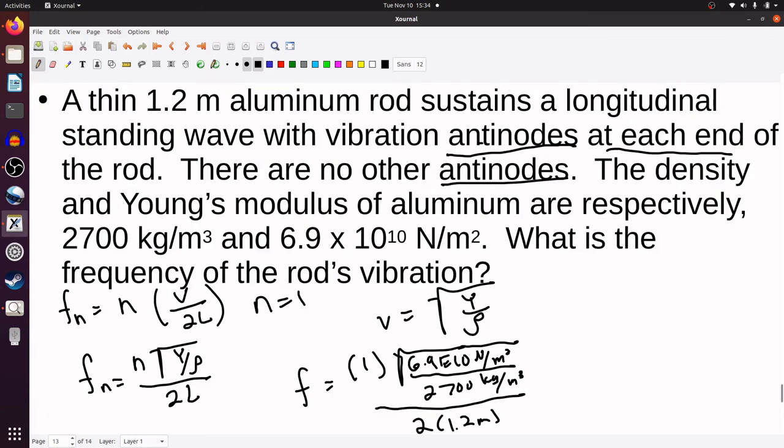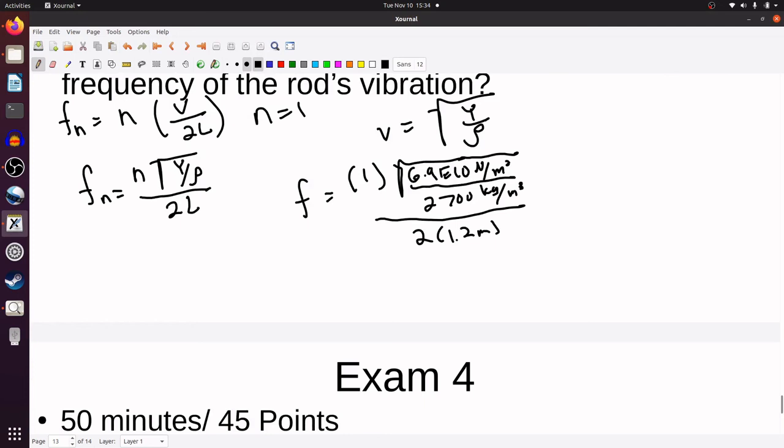I think, yes, it is. Let's plug it into a calculator to get an answer. All right, 6.9 E10 divided by 2,700, rooted, divided by 2, divided by 1.2 gives me 2106 hertz. Pretty high.